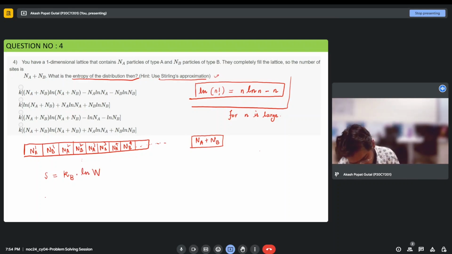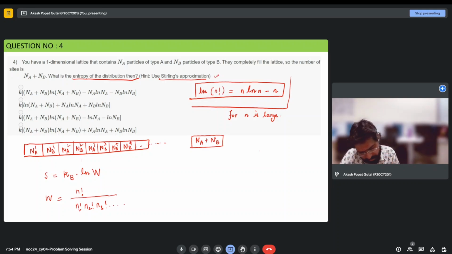And for the number of microstates, we have the formula: total number of particles factorial, divided by the factorials of the numbers occupied, N1, N2, and so on.